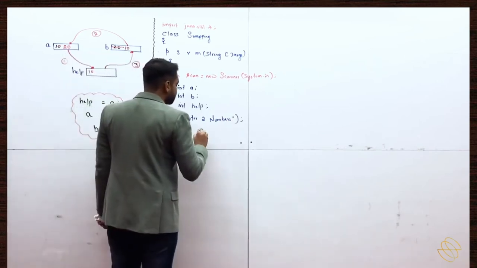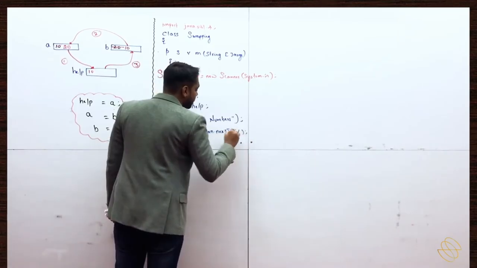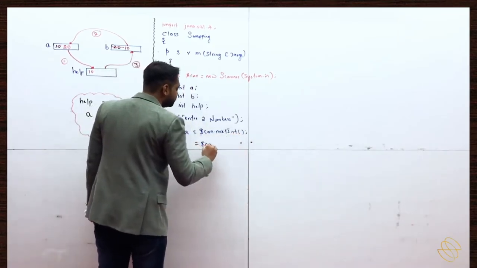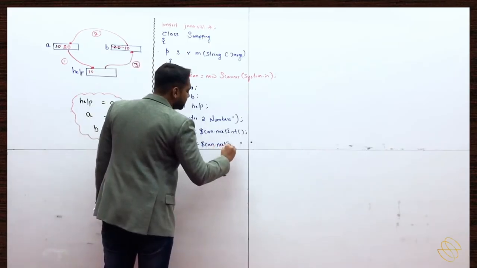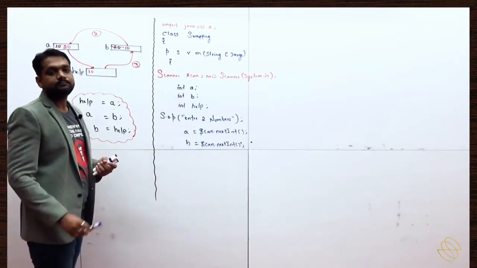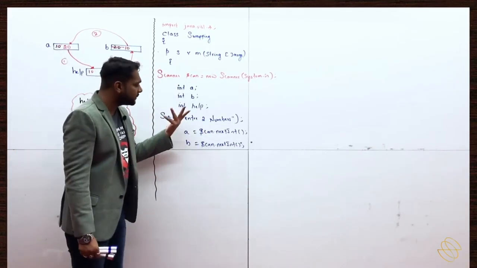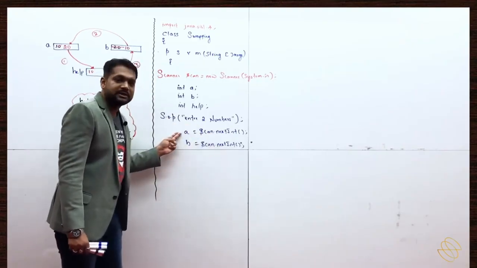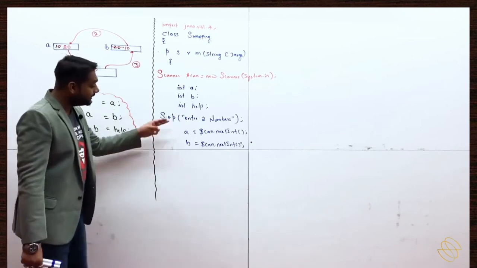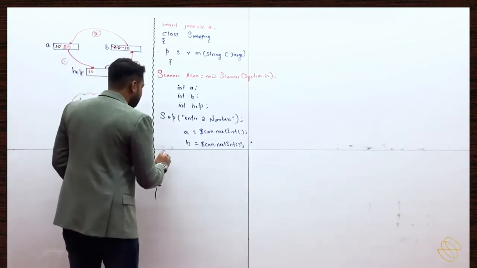I will collect it by telling scan.nextInt, and I would store it in a variable called A. Not only that, scan.nextInt, and I would store it in a variable called B. So, supposing the user has entered 10, 10 will come and sit in A, user has entered 20, 20 will come and sit in B.